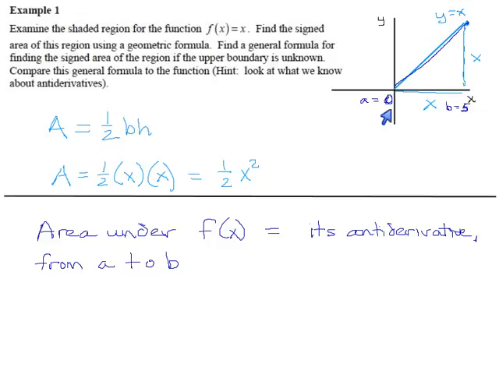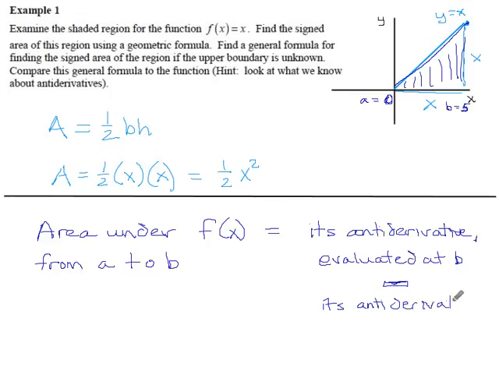So here I'm saying the area between 0 and 5, this area here, is equal to the antiderivative, and I'll say evaluated at b minus its antiderivative evaluated at a.